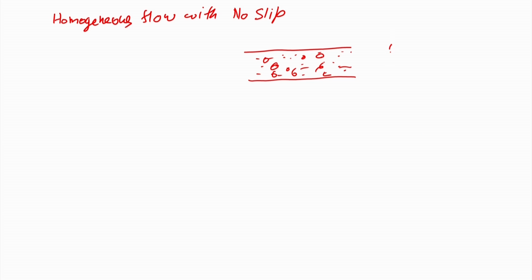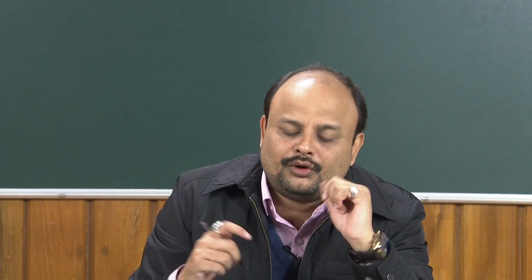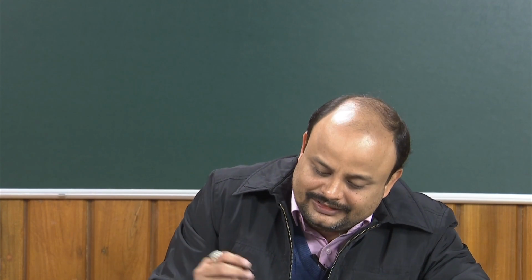It means Ug is equal to UL: the velocity of the gas inside the column is equal to the velocity of the liquid inside the column. So the velocity remains the same, and you can write everything in terms of the mixture velocity.